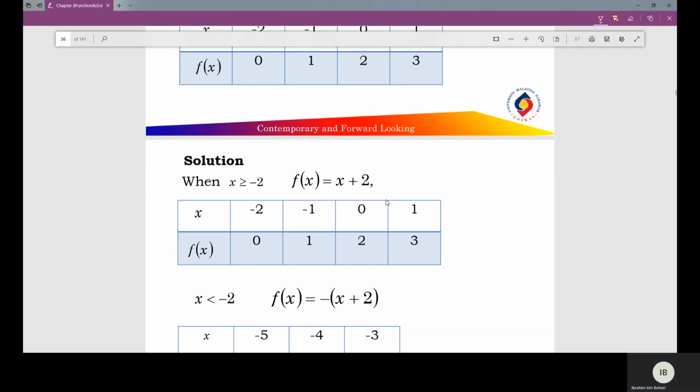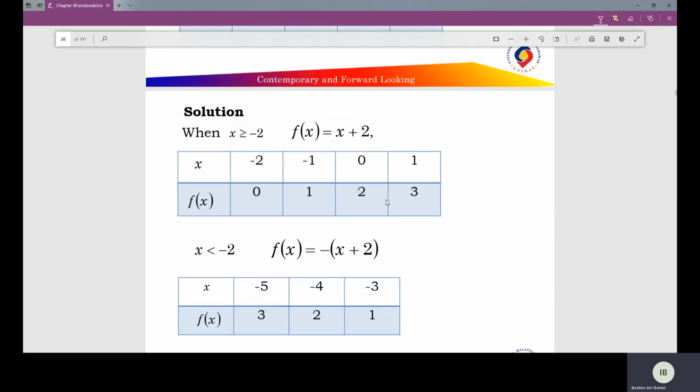Then the second function is f(x) equals negative of x plus 2, with the domain x less than negative 2. For less than negative 2, the first value of x starts at negative 3, so the first value is negative 3, then negative 4, going to negative infinity.